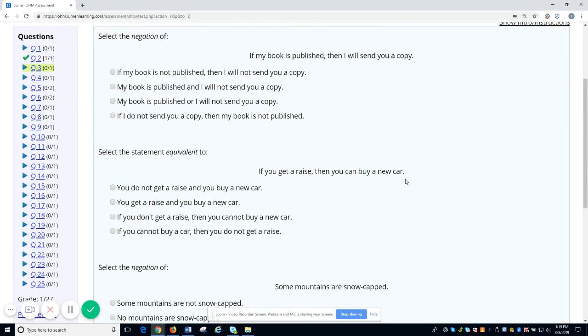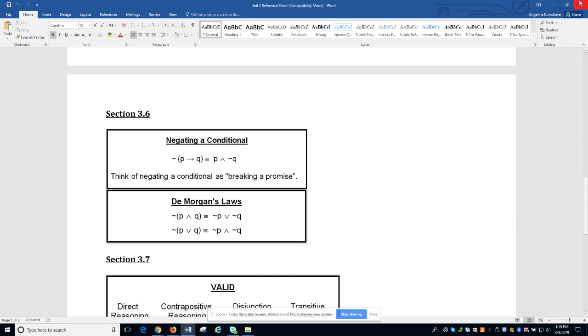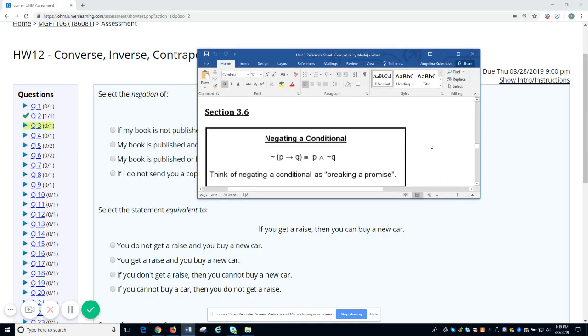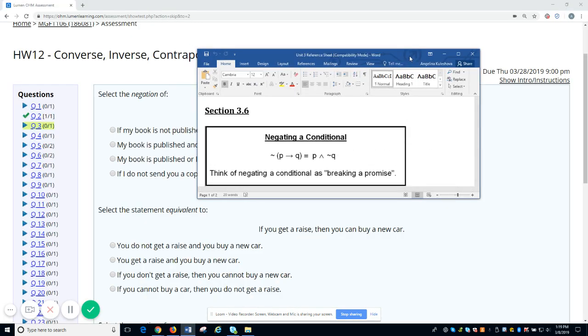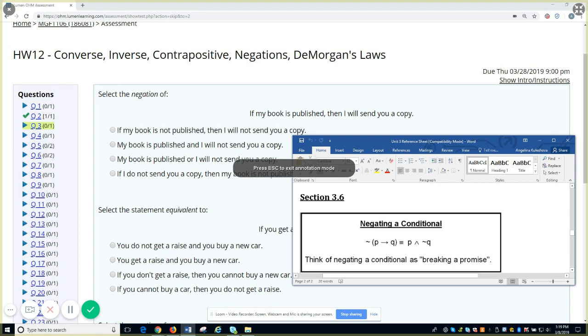Okay. All right. So the first part wants you to negate this particular statement. So we're going to use this rule right here. The reason I'm using this rule is because the statement I'm looking at is, if my book is published, then I will send you a copy.